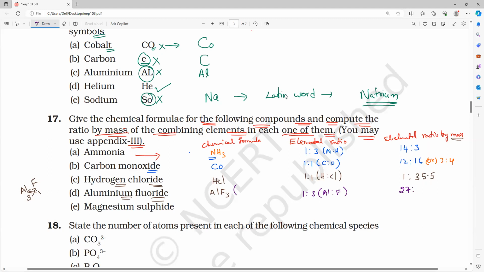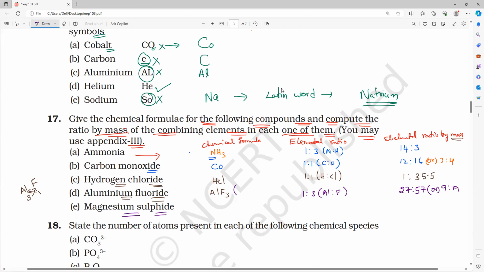So 3 into 19. How much? 57. So both I can divide with the 3 table. If I divide 27 by 3, how much is it? 9. 57 by 3, 19. So write it.